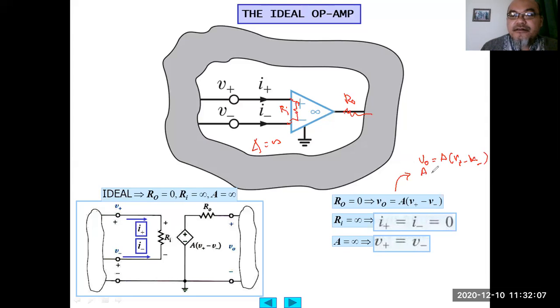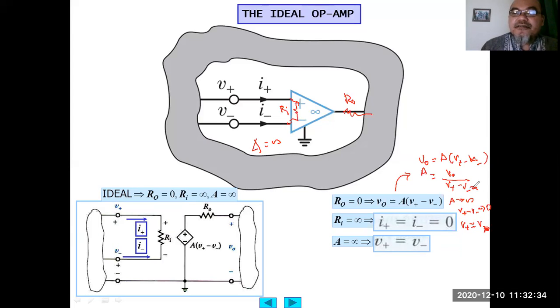So A equals V output divided by V plus minus V minus. If A is infinity, it means that V plus minus V minus basically approaches 0. So V plus is basically the same as V minus.